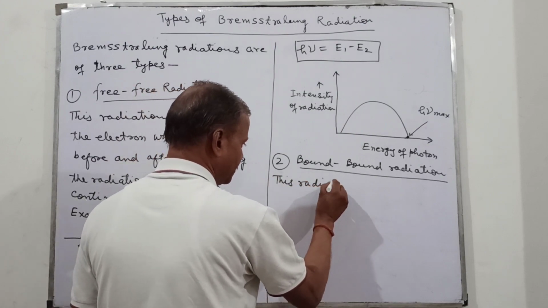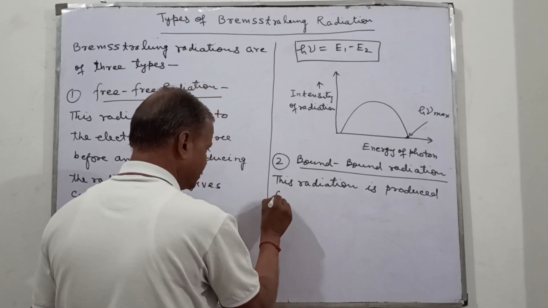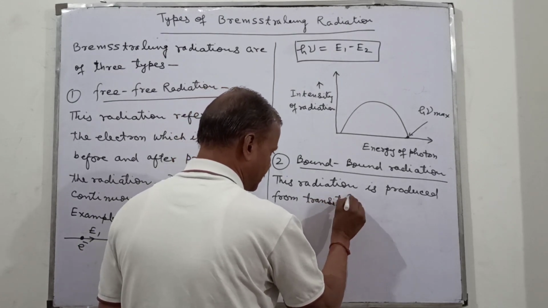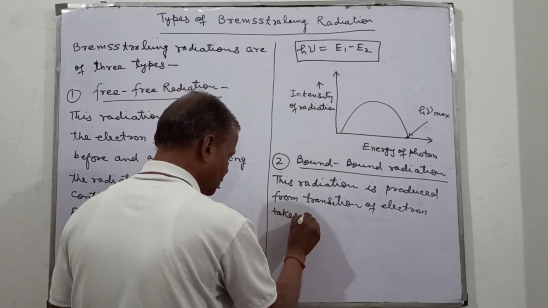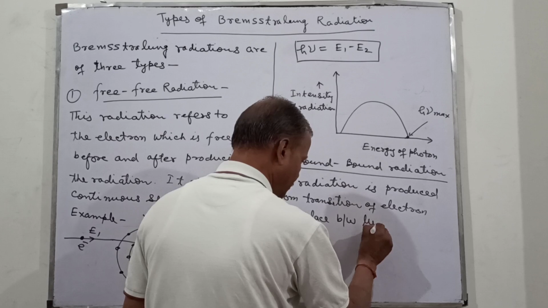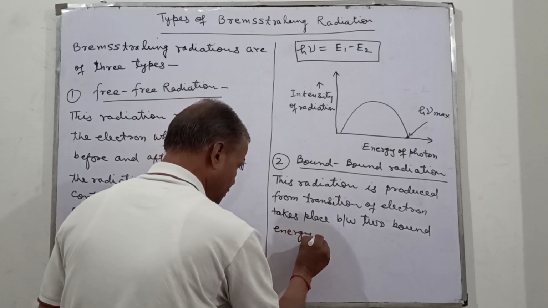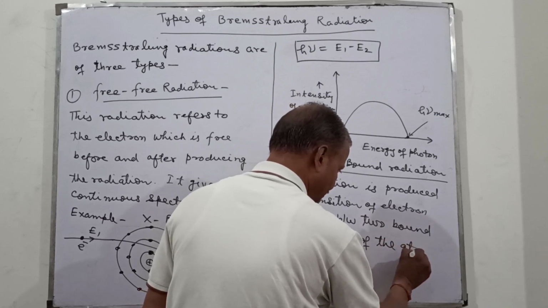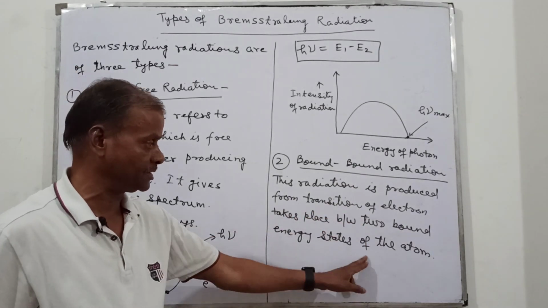This radiation is produced when the transition of electron takes place between two bound energy states of the atom.